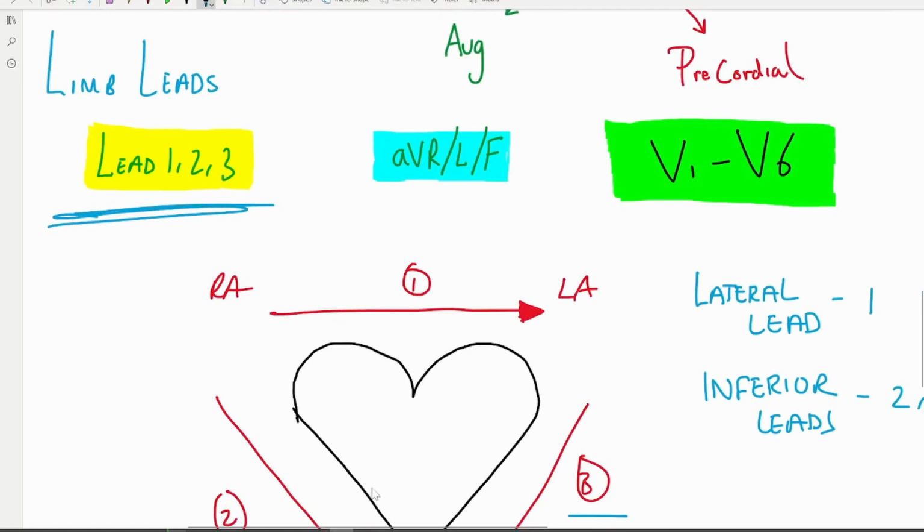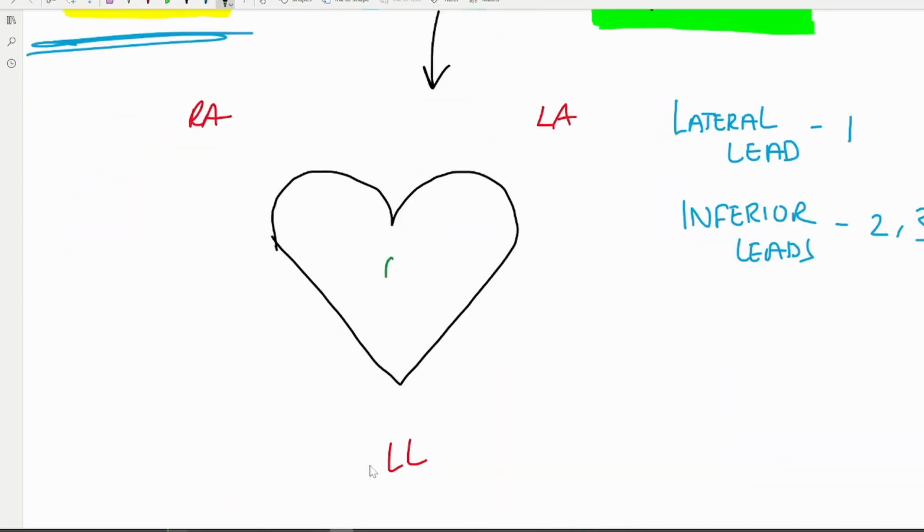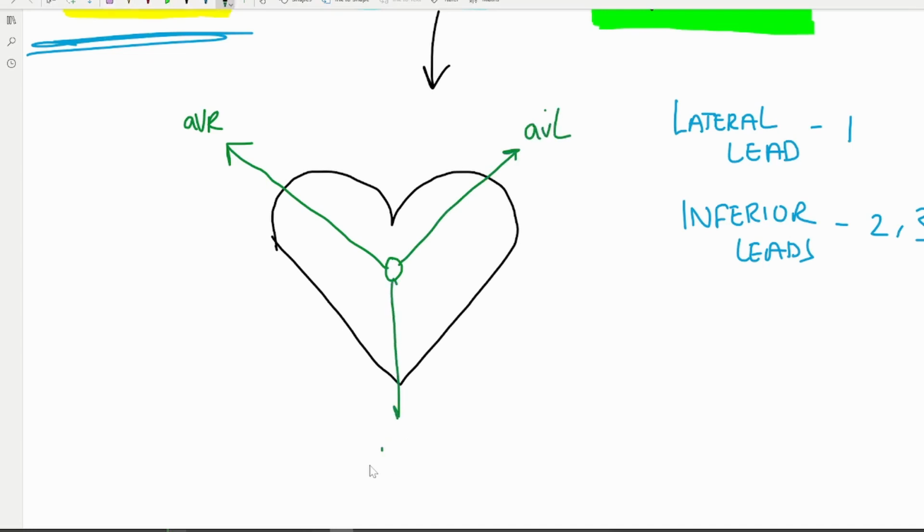So that is our bipolar limb leads. Now let's do the same for our augmented unipolar leads. Okay, so as we know, we have our central terminal and leads that go to our AVR, so right side, AVR, to our left, like this, AVL, and like this, AVF. So now let's again assign our eyeballs.